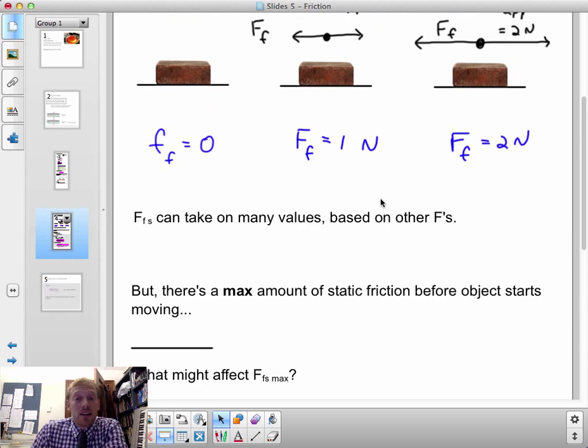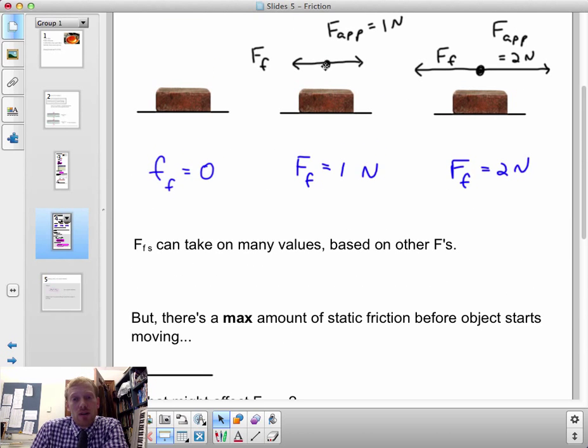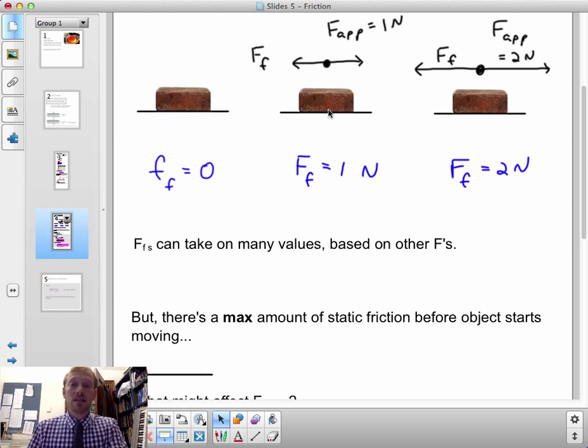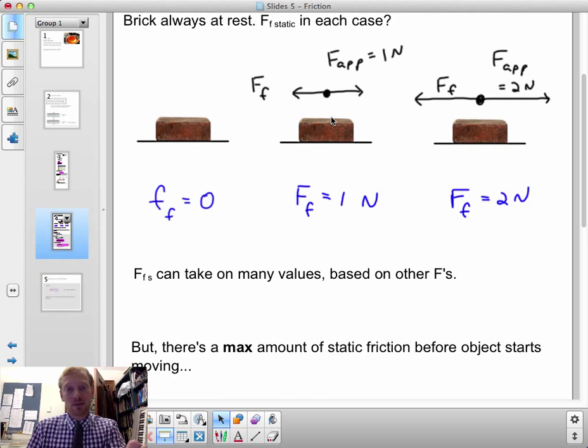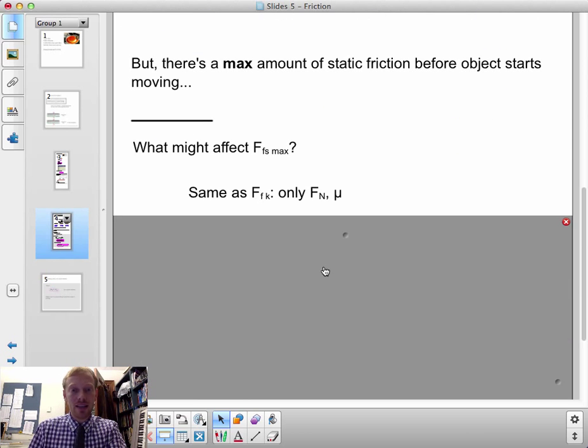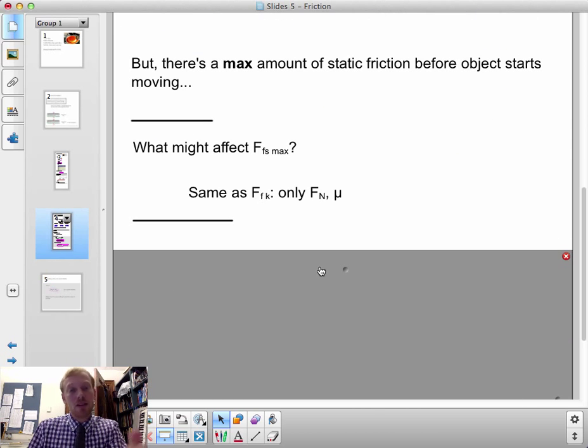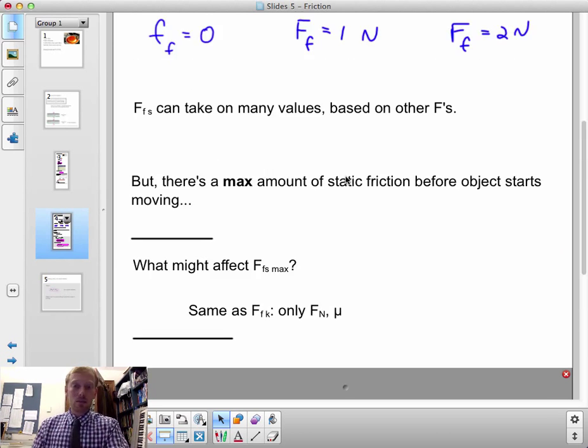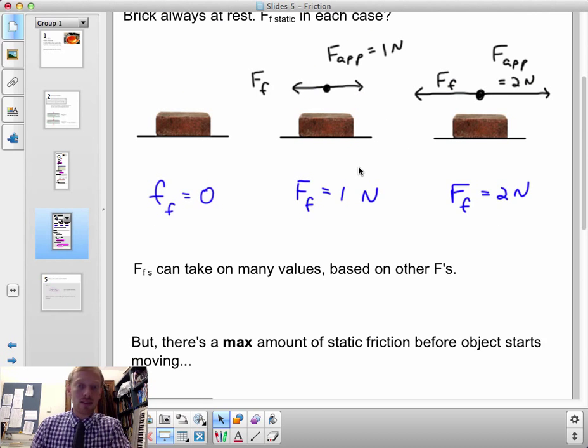What factors might affect that maximum value of static friction force that occurs right before I succeed in starting to move it? Well, the same things that might have affected the kinetic friction force in the previous slide. It turns out that the maximum value of the static friction force does not depend on surface area. It depends on the amount of normal force, the amount of pressing that the brick is doing into the table in this example.